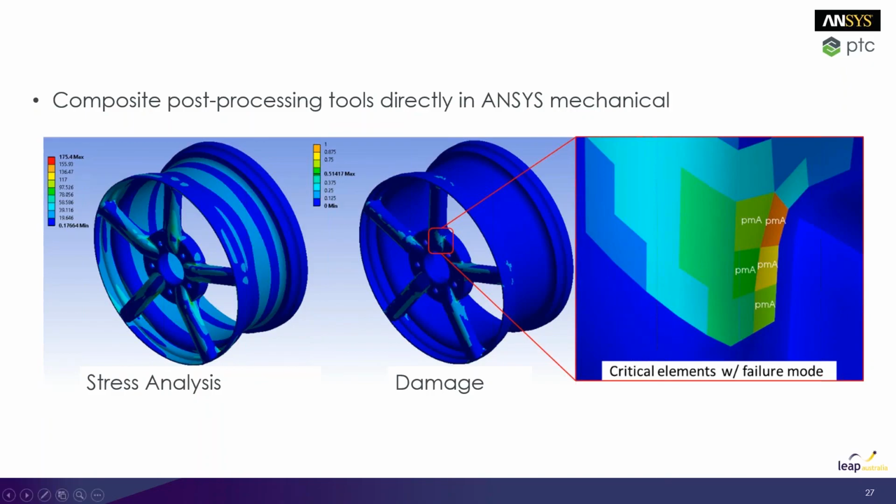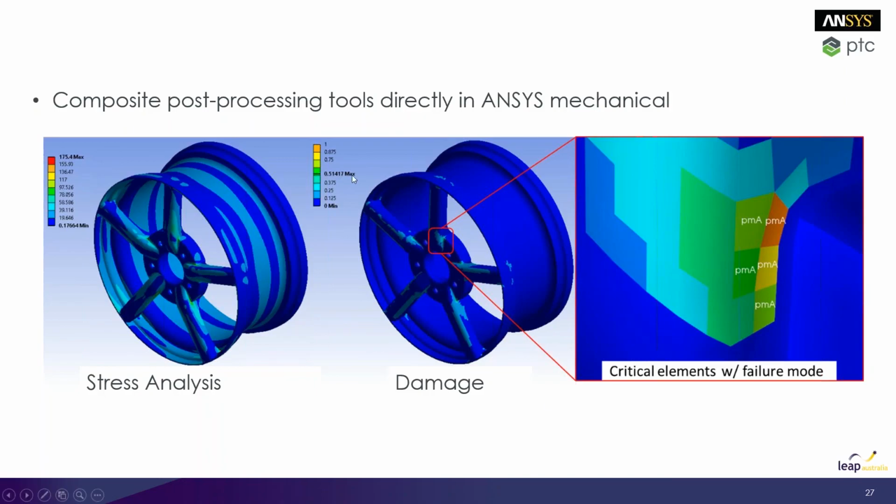So looking at a more complicated way of analyzing failure, essentially analyzing whether this structure is safe or not, we need to use things that are called composite failure criteria. These are far more complicated than just a kind of yes, no on the stress. They integrate the orientation and things like that.